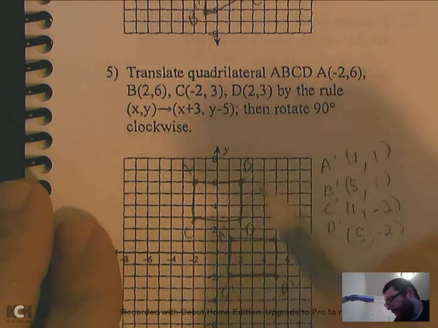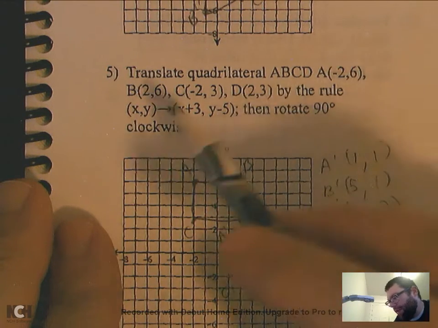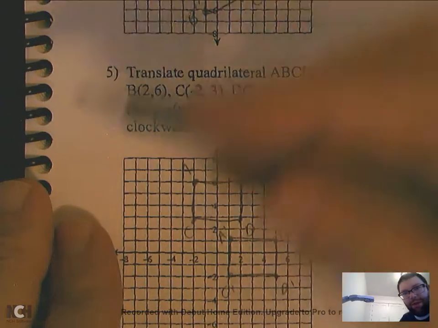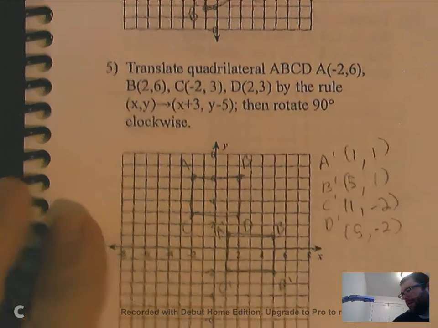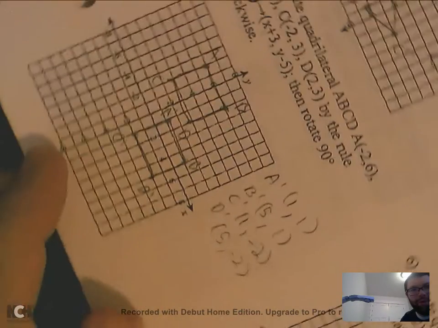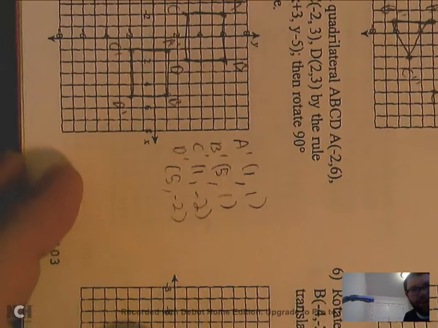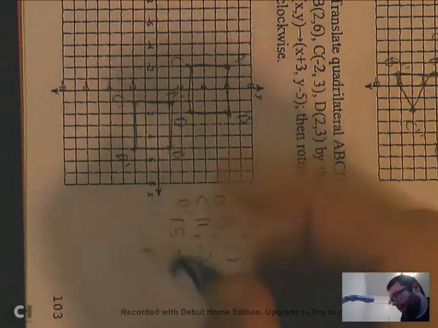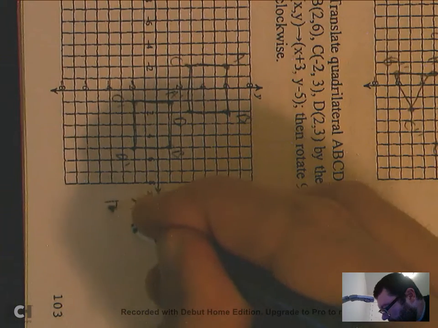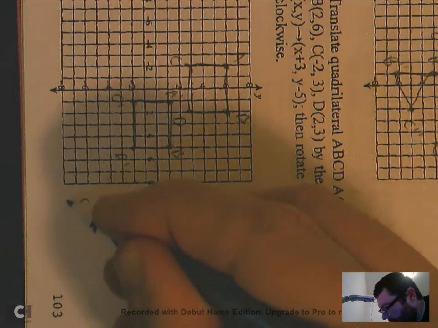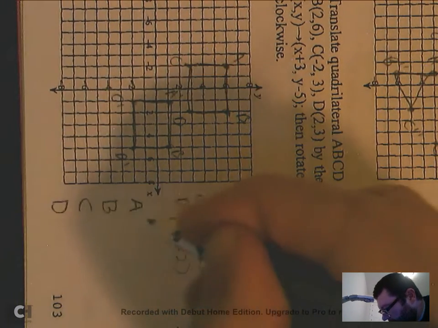And then the last thing it wants me to do is rotate 90 degrees clockwise. So clockwise is moving it to the right, right? So we're going to move our paper to the right. And those are going to be my final points right here. So A, B, C, D, prime, prime.